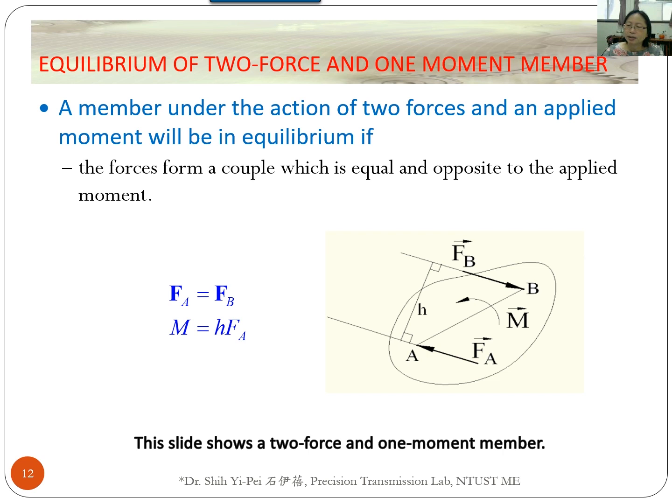This slide shows a 2 force and 1 moment member. A rigid body acted on by 2 forces and 1 moment is in static equilibrium only if the 2 forces are equal and form a couple whose moment is equal in magnitude, but opposite in direction, to the applied moment M.